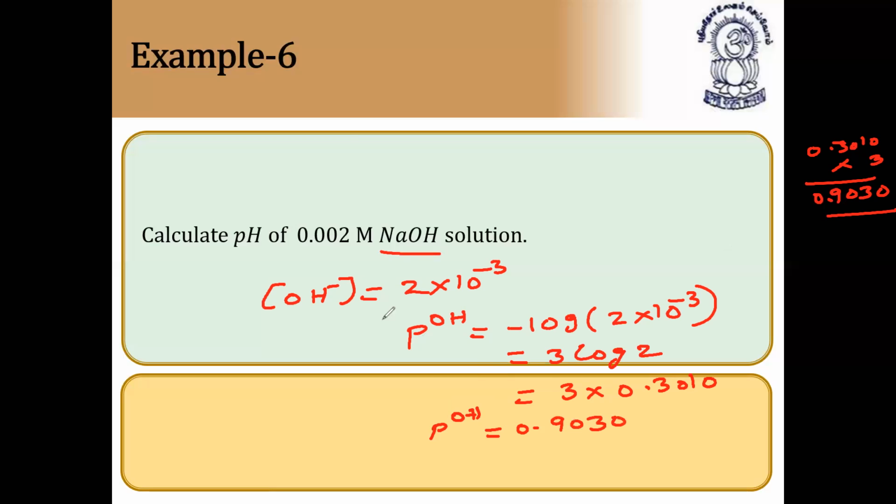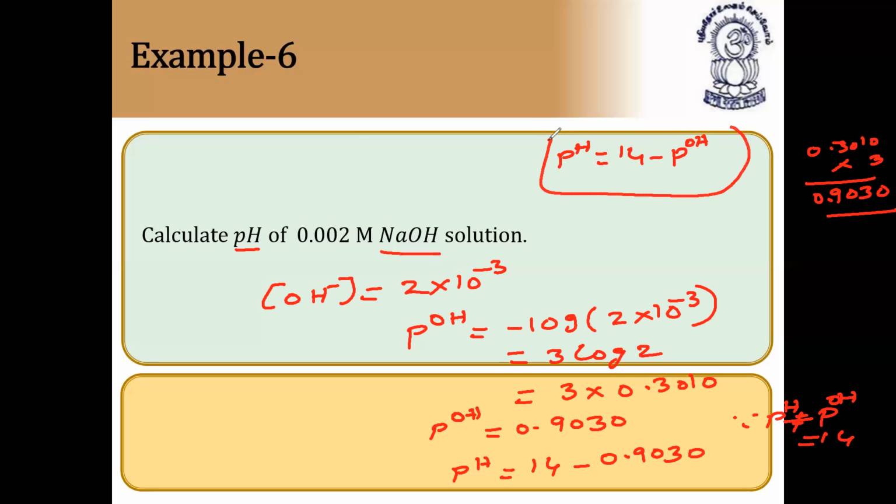But they are asking us to calculate pH. So pH becomes 14 minus 0.9. How did we get this? Since pH plus pOH is equal to 14, pOH is equal to 14 minus pH, so pH is equal to 14 minus pOH.